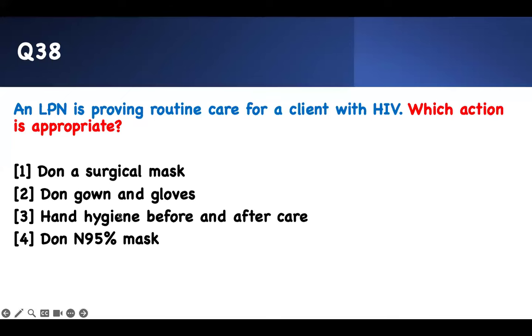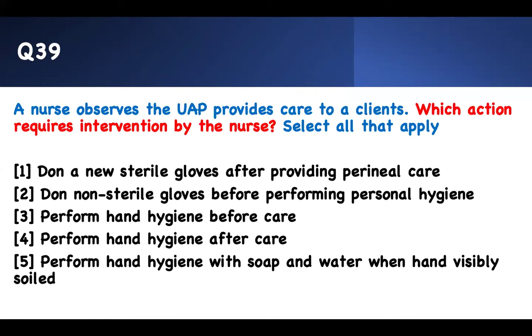And then a nurse observes the UAP provide care to a client. Which action requires intervention by the nurse? Select all that apply. That means the UAP is doing something wrong, right? Don new sterile gloves. You're not supposed to wear sterile gloves for routine care or perineal care. You should just wear non-sterile gloves.